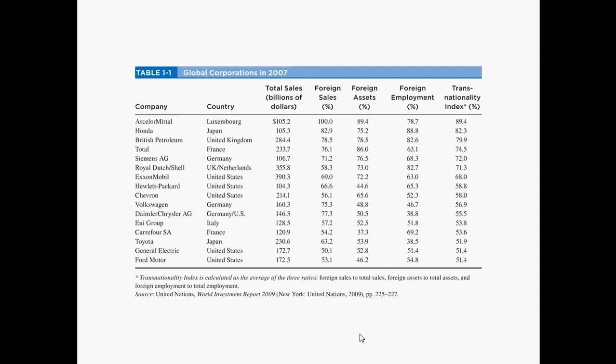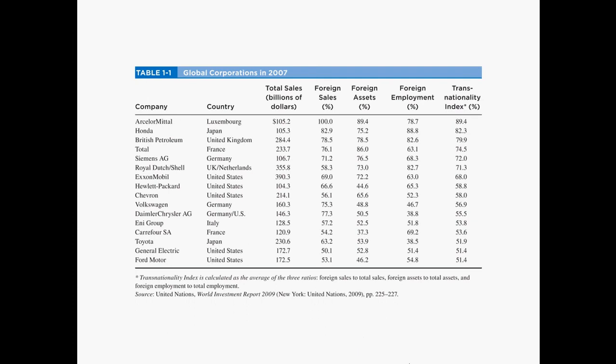Okay, so just getting a little bit of a feel for globalization. This lists a bunch of companies, shows total sales, foreign assets. They're ranked, these are major companies ranked in order of the quantity of their sales that are foreign.